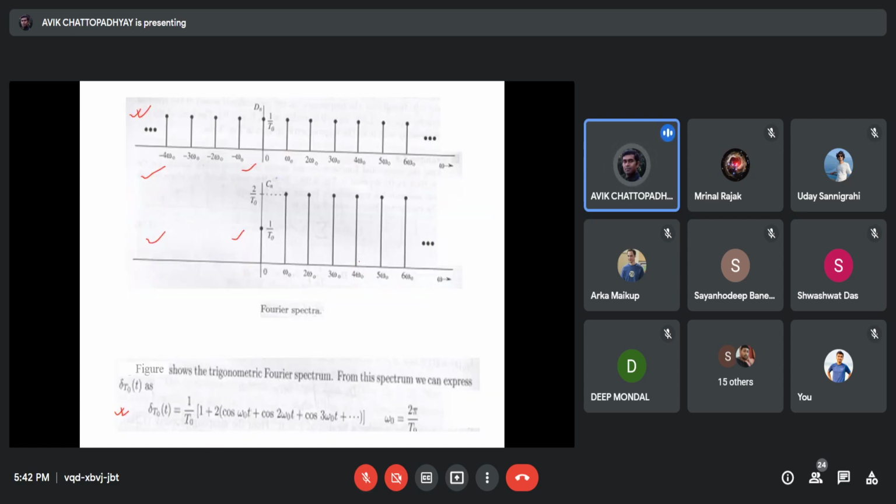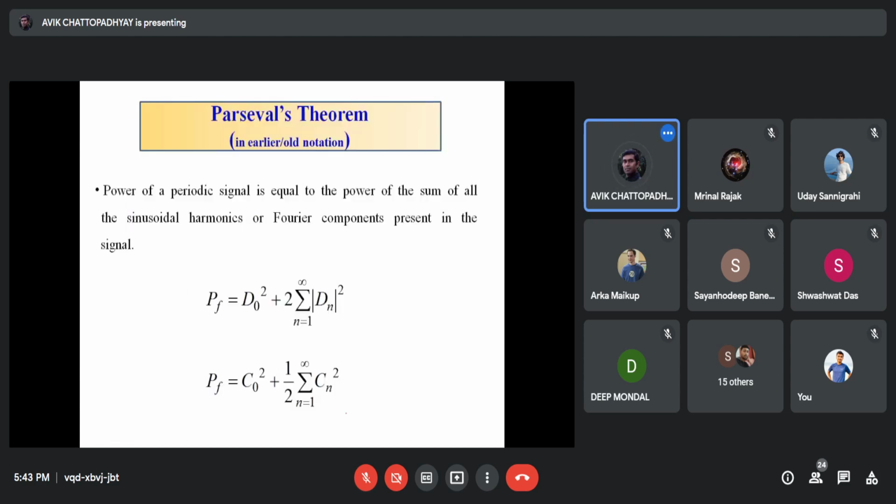Only the cos omega naught t, cos 2 omega naught t, cos 3 omega naught t, etc. will be there, and everything will be multiplied by 2 because it is ultimately 2 by T naught in the trigonometric representation, and the DC part is 1 by T naught. So 1 by T naught is common, and it is 1 plus 2 into all the terms like this. So mathematically it's okay, but again that's the problem.